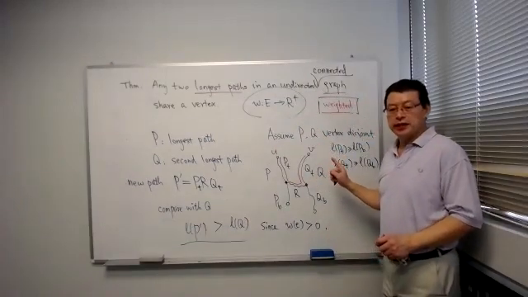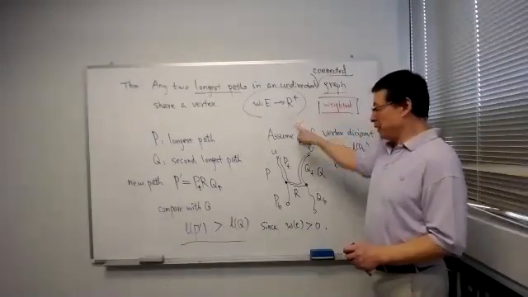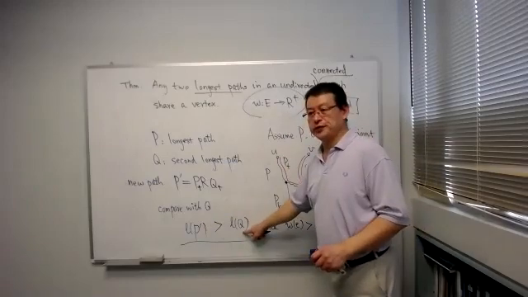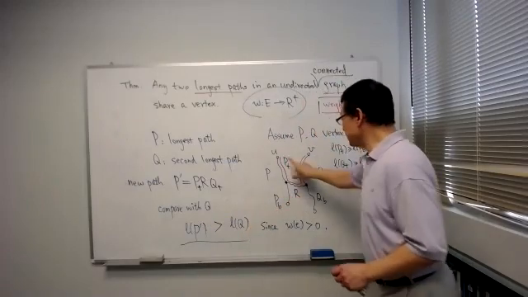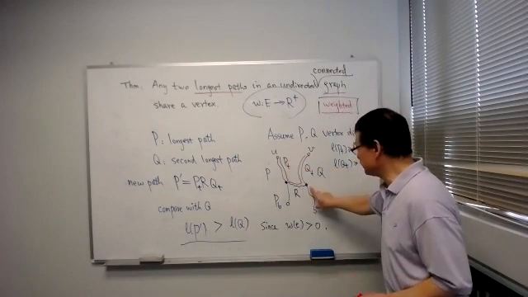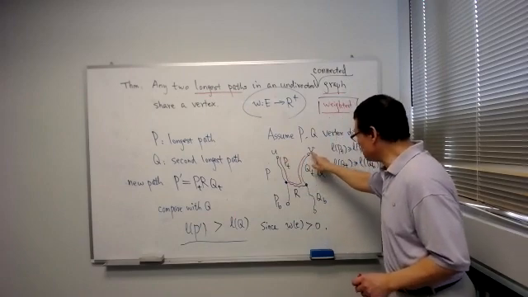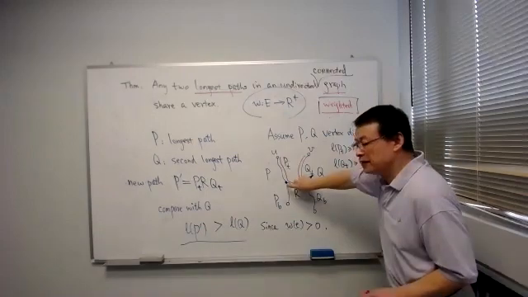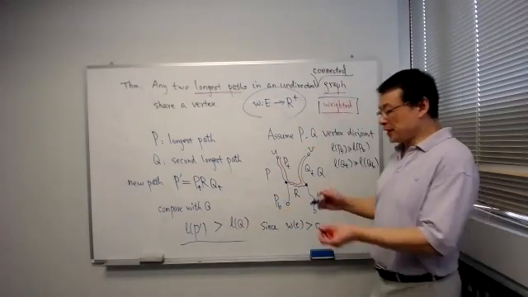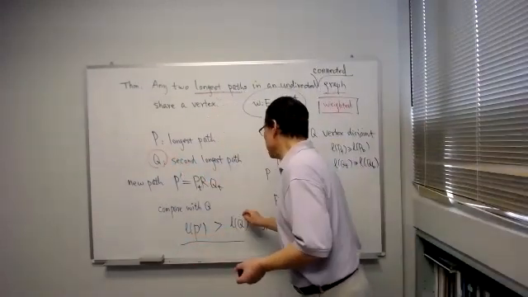But if all edge weights are positive, we always have this new path longer than Q. Because this part is longer than this one, and this part is longer than this one, this one plus this one is no shorter than Q. Then plus this one, which is positive, it will be longer than the length of Q. So that contradicts Q being the second longest. This is a contradiction.